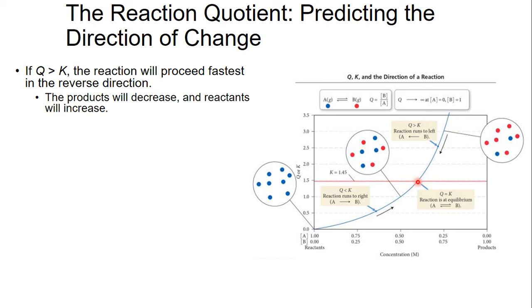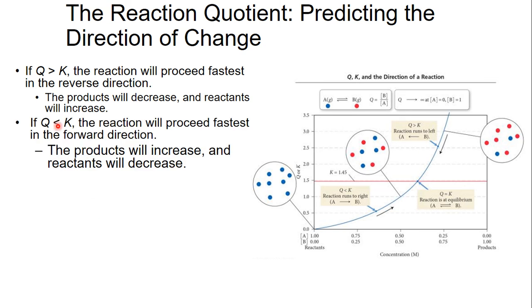We can see that here. Here's our equilibrium concentration ratio, which would be 1.45. If our Q is bigger than 1.45, we need to make that number smaller, and the way you do that is by making more reactants. Now if our Q is less than K, we have a number smaller than 1.45.